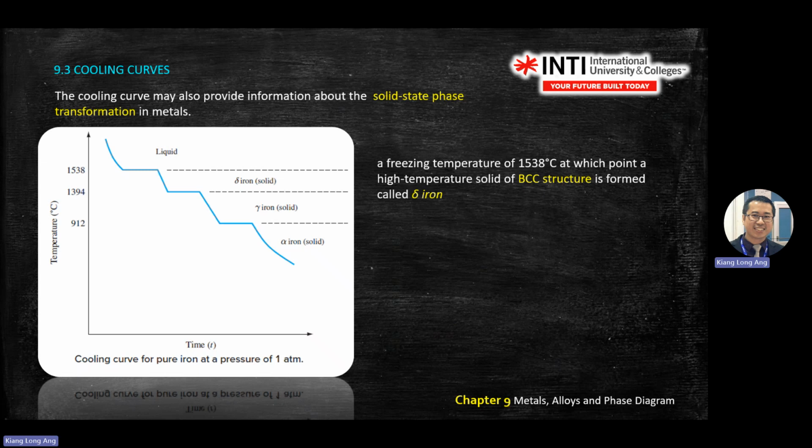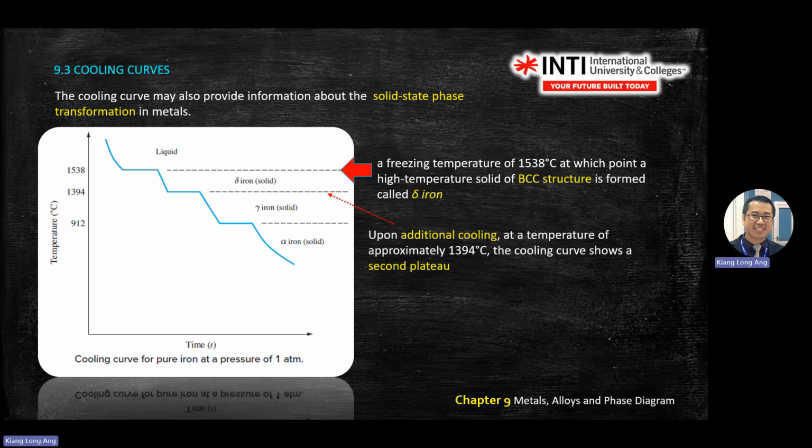This is like a self-check, like gravity 9.81: if you see 8 point something, something is wrong. The delta will be BCC structure, and so on.